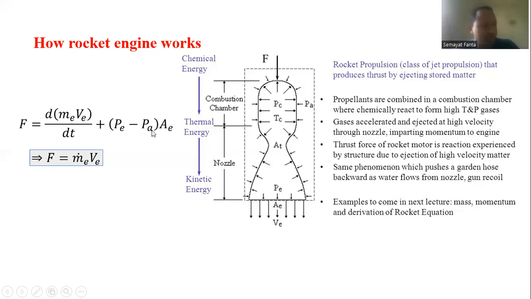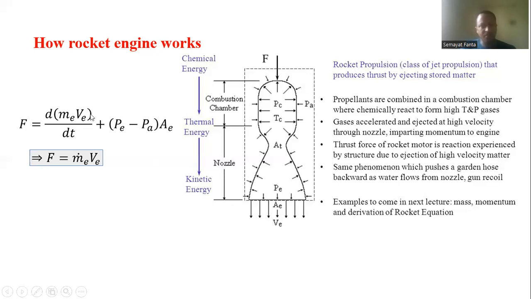You know, atmospheric pressure is 1.01325 times 10 to the power of 5 Pascal. So PA is known. PE is what we don't know. Area of exit. Exit area means this area, from here to here. If we know the diameter, we calculate the area. And this is the exit velocity, VE.